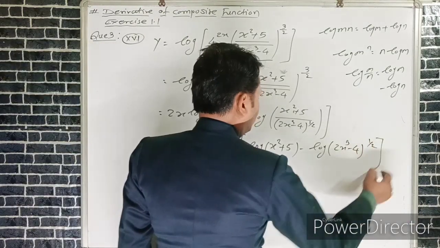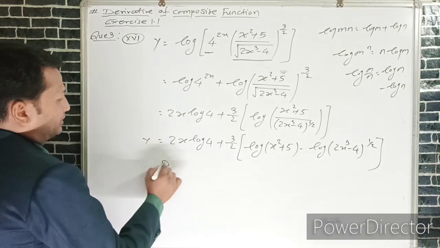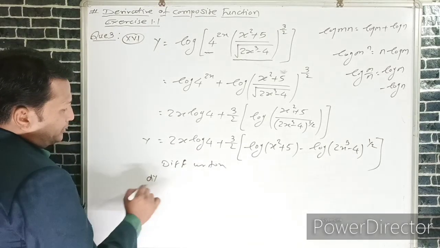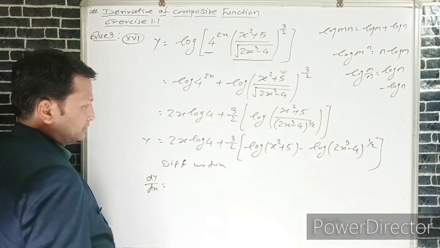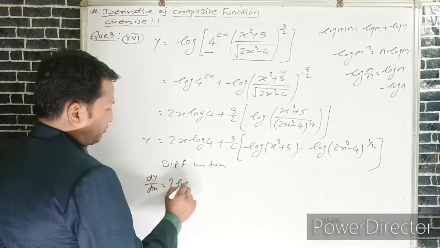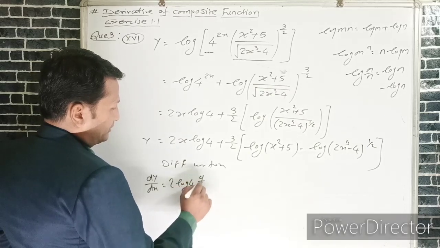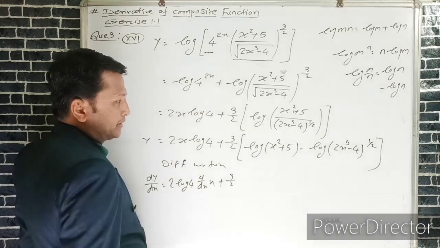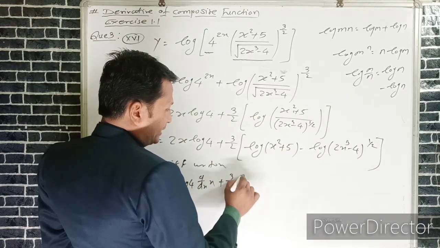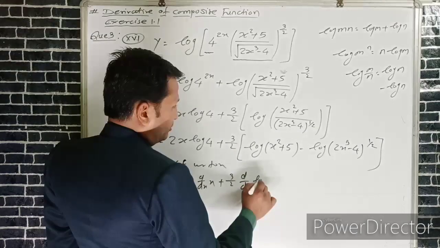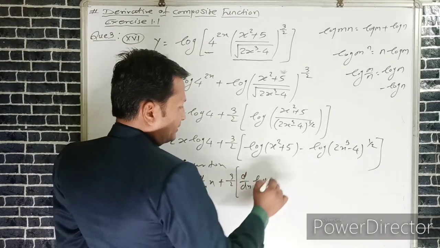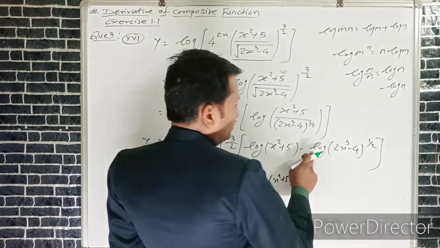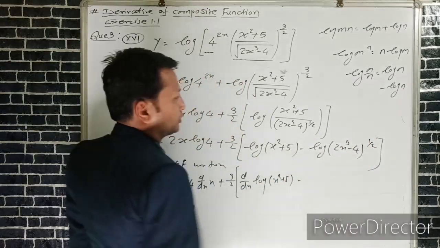After that, if we differentiate the given function with respect to x, the derivative of y is dy by dx. 2 is constant, log of 4 is constant, we can write the derivative of x plus 3 by 2, we can take a separate derivative of both functions. We can write a derivative of log of x square plus 5 minus log of 2x cube minus 4 whole raised to the power 1 by 2.